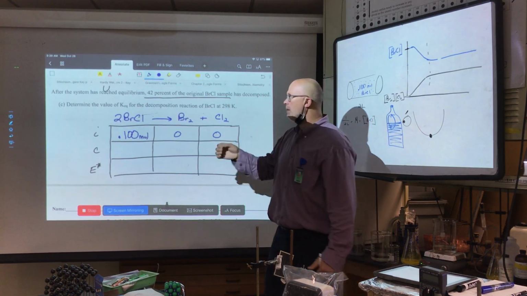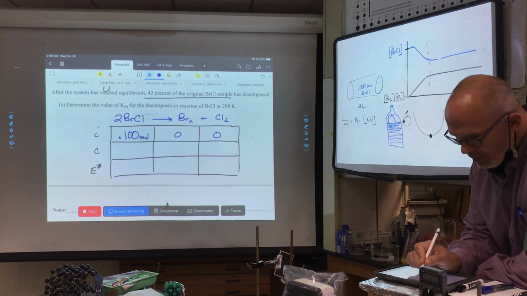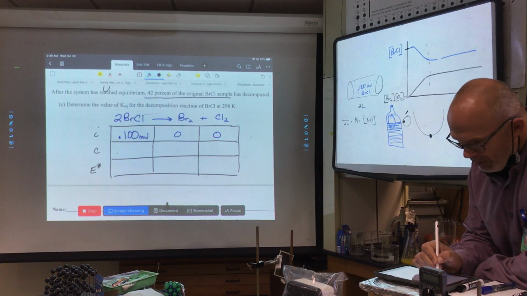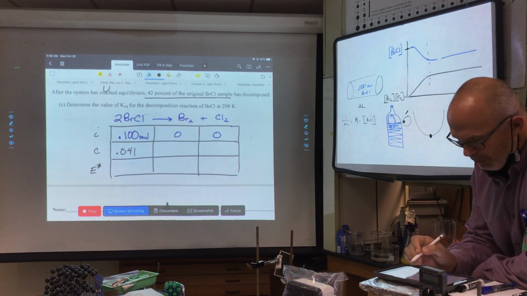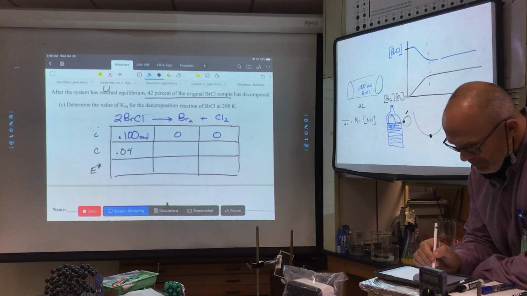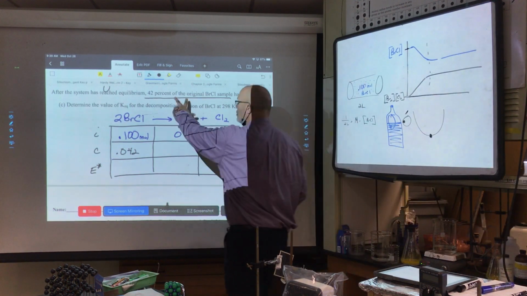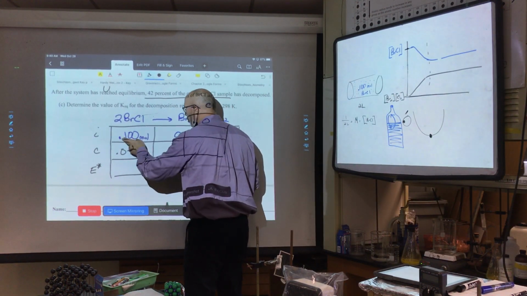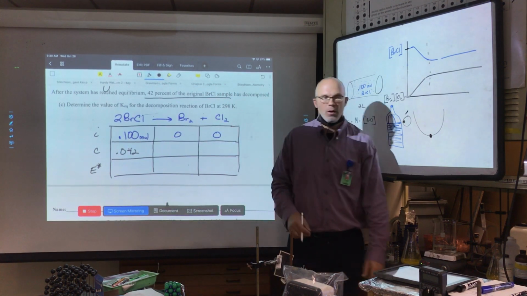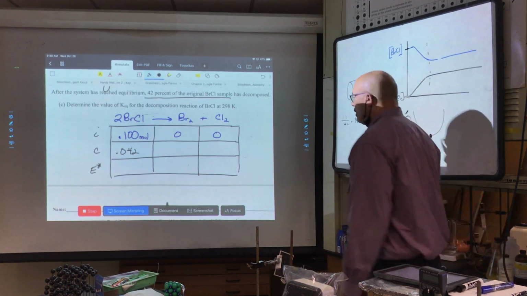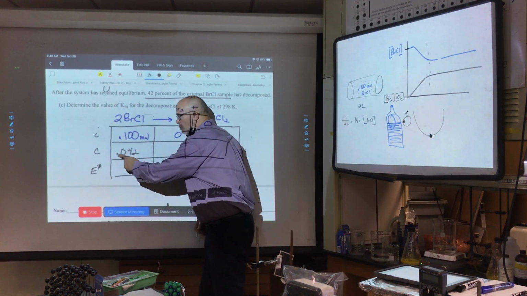So 0.1 times 0.42 gives you 0.042 mole. All I did was find 42% of 0.1. Now hold on. That means that got reacted, that decomposed. What's the sign there?